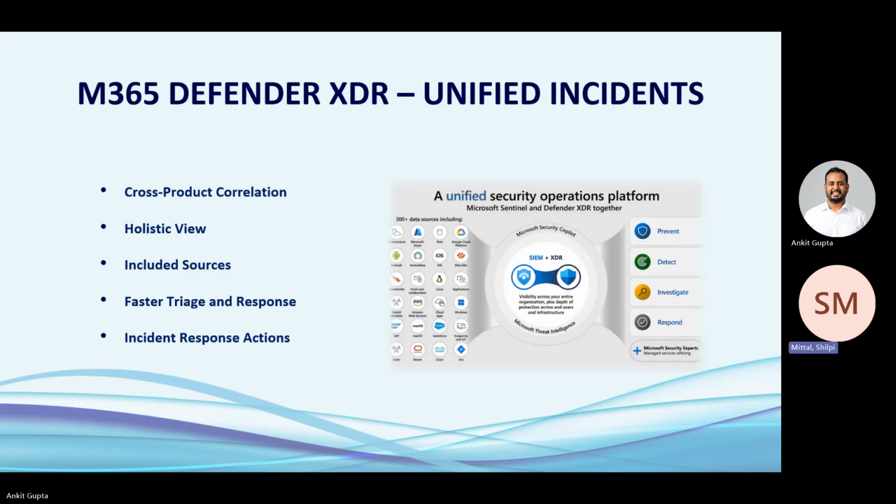Whether the attack vector is email, on-prem AD, or a cloud app, you get one coherent incident. For the SOC, this reduces noise and accelerates triage. Instead of juggling 5 separate alerts, analysts get one incident story to work with.